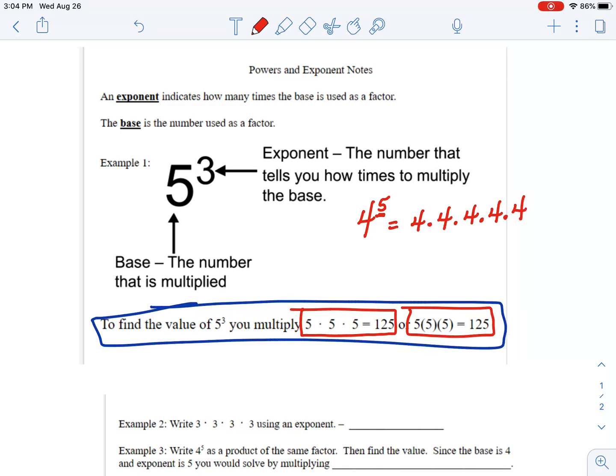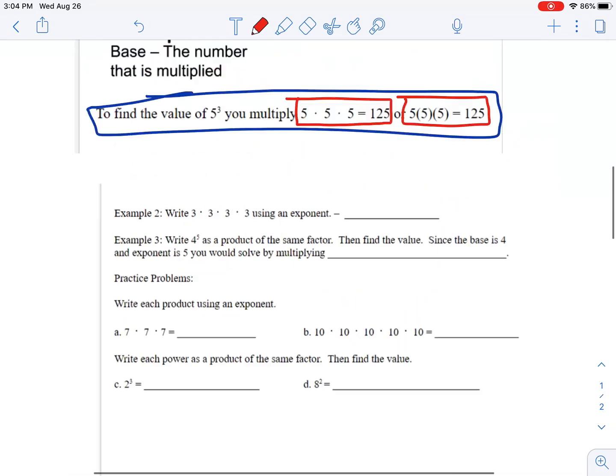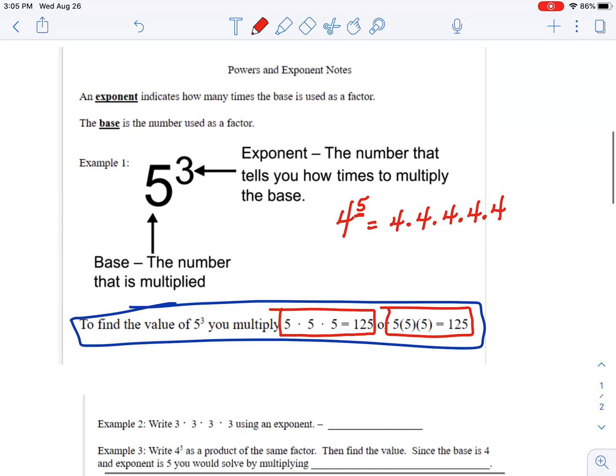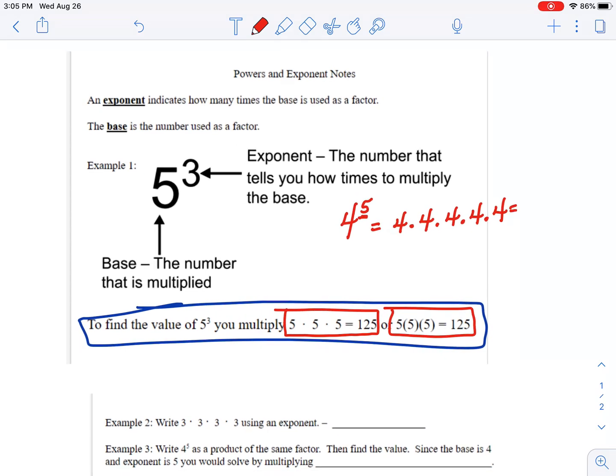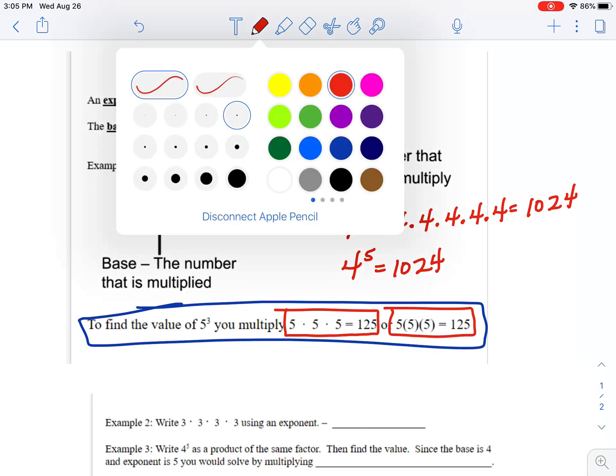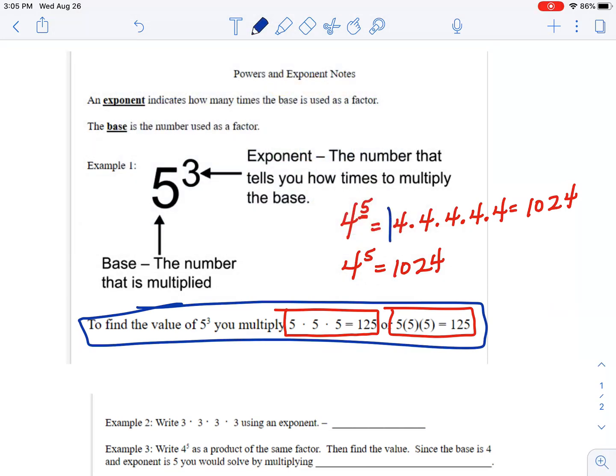If you say 4 times 4 times 4 times 4 times 4 in your calculator, excuse me, my wrist hit that, that is going to equal 1024. So 4 to the 5th power would equal 1024. And we got that by multiplying 4 times 4 times 4 times 4 times 4.